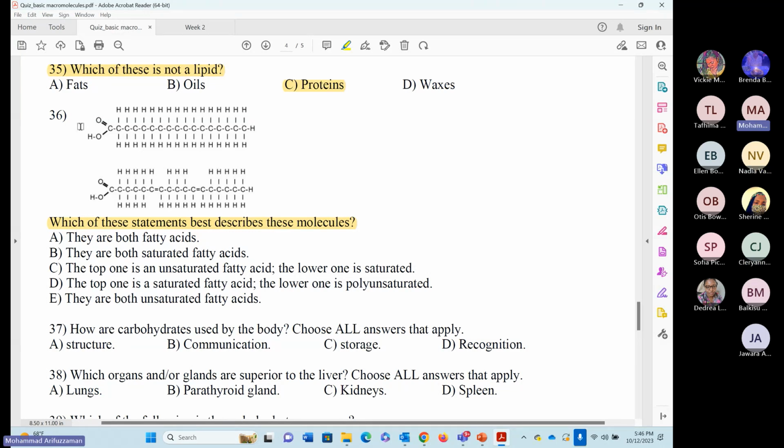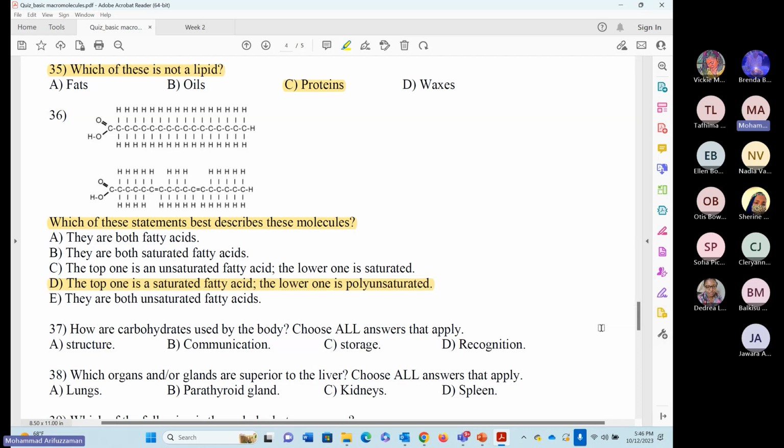So can you find the correct answer? A? They are, but I'm asking which best describes. The top one is a saturated fatty acid, and the lower one is polyunsaturated. So this is the correct one.